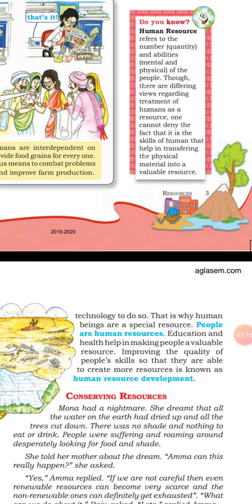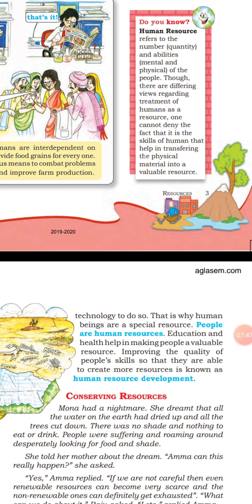Now, the question arises, what did you understand by the actual resources? Actual resources are the resources whose quantity is known, such as rich deposit of coal in Ruhr region of Germany and black soils of Deccan Plateau in Maharashtra.